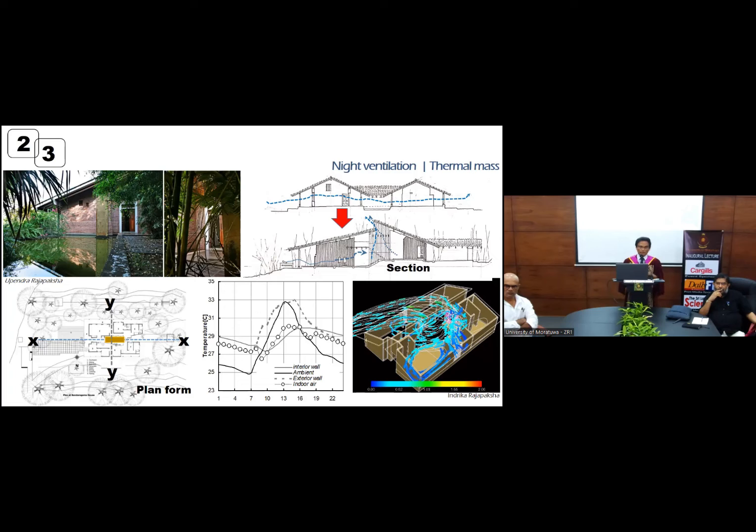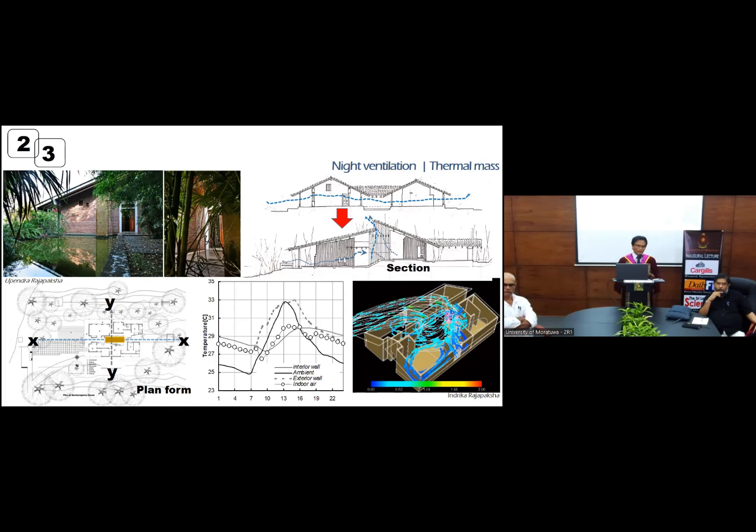And the performance was measured in April. April is the worst climate that we have, with no wind flow at all, but this house was seen with airflow because of the thermal difference of the air. And its internal temperature shown in this graph is much lower than ambient level.